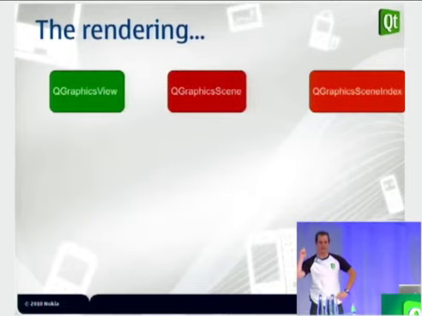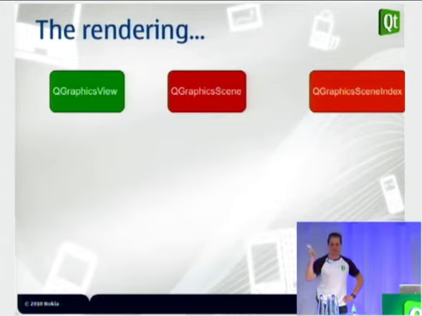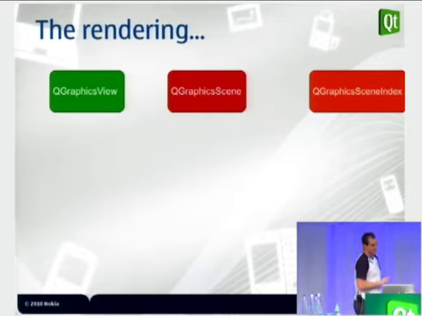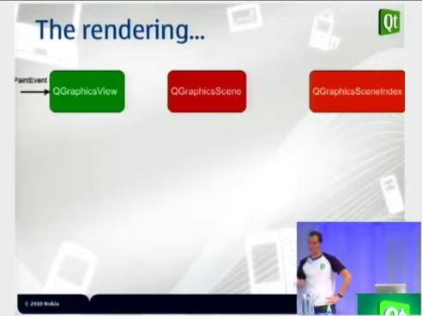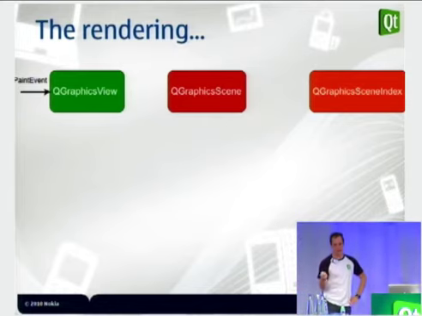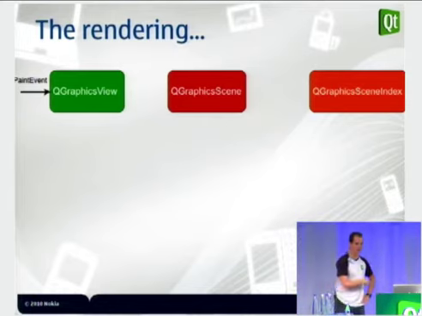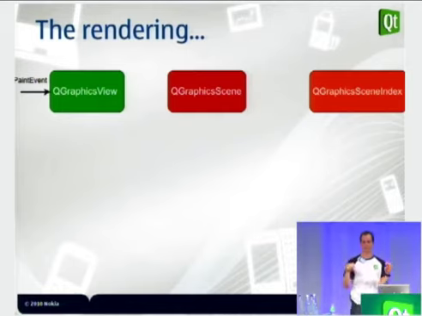I put the index as generic because it doesn't matter if we use the BSP or the linear one in that case. So we get a paint event that arises from the windowing system or from anything, like you calling update, for instance, or the windowing system saying this region is dirty, you need to repaint. Then graphics view basically does nothing.